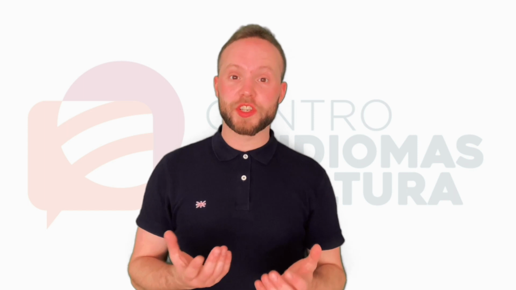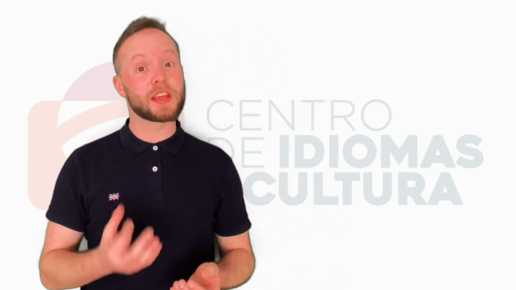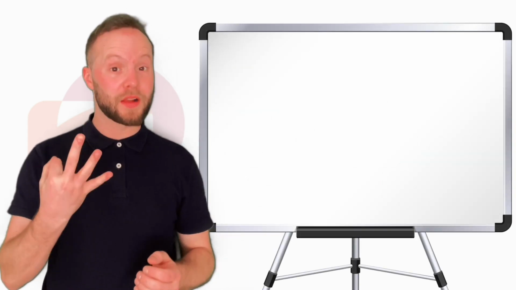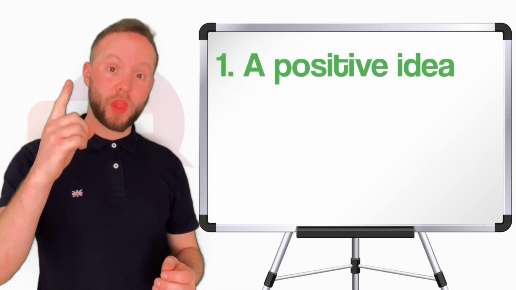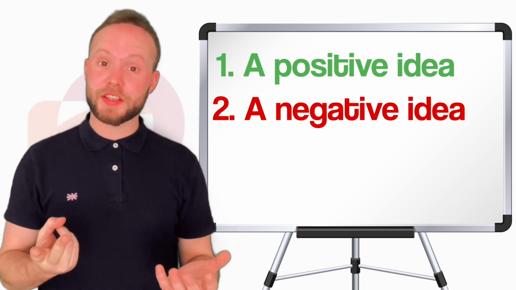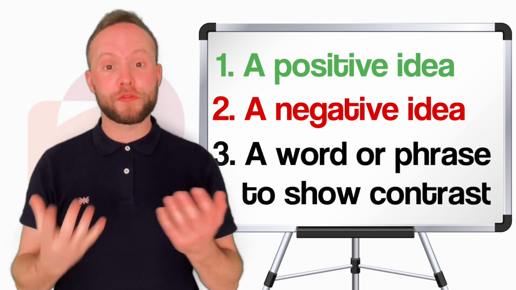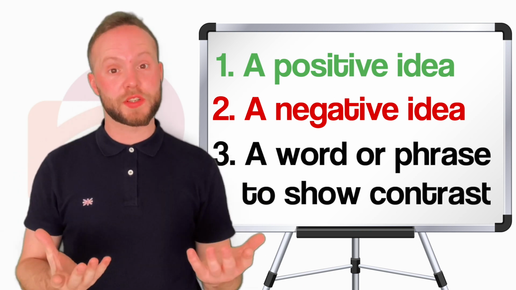All of the structures that we use today to show contrast are going to need three basic elements. 1, a positive idea. 2, a negative idea. And 3, a word or phrase to show contrast.